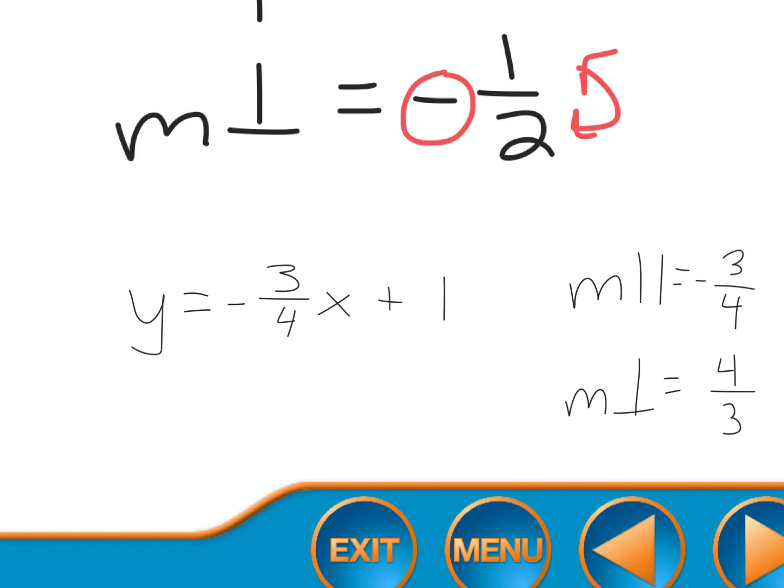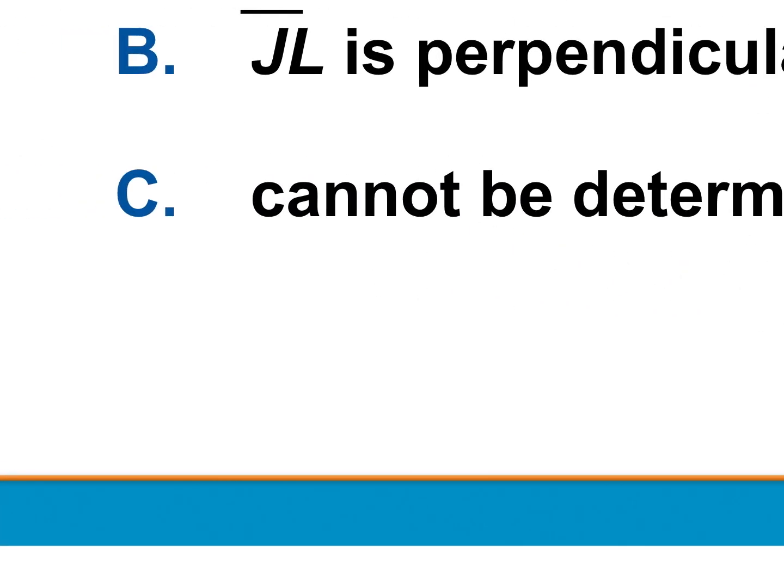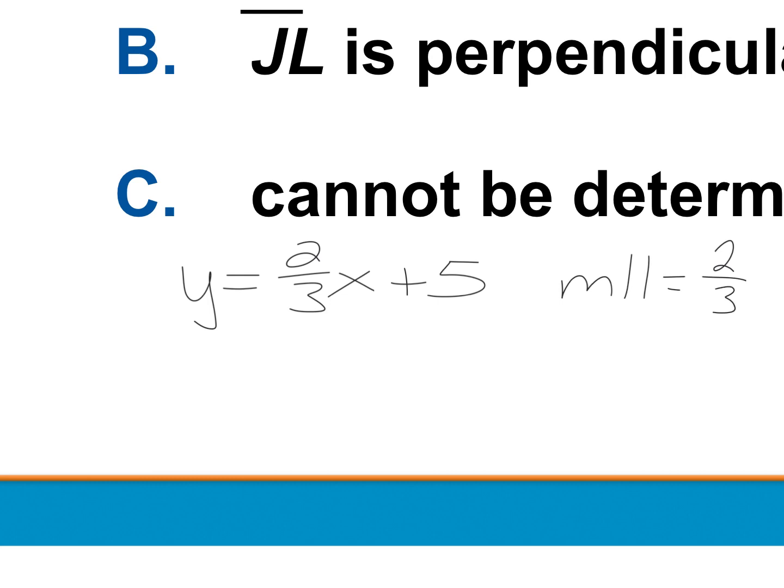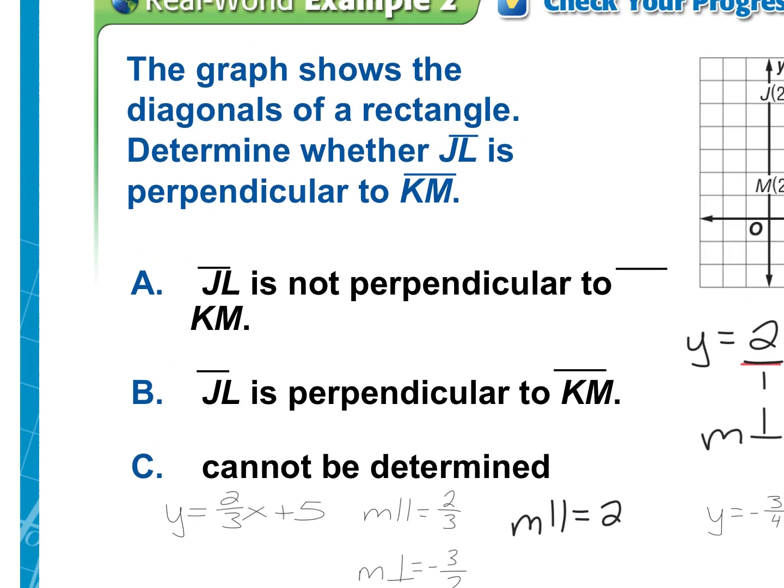Okay? Let's do one more example so we become masters. If I had y equals 2 over 3x plus 5, what's my parallel slope? 2 over 3. What's my perpendicular slope? -3/2. Good. Are we masters? Yes. All right.